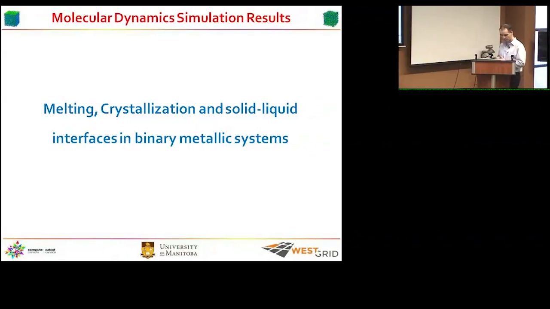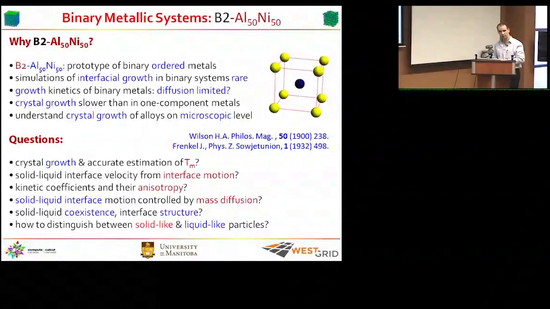Now, in the next slide, I will give you some results. I will start with the melting, crystallization, and solid-liquid interfaces in binary metallic systems. Why did I choose this particular example? If you use a system with one component and you want to study crystallization, basically you just quench the system very slowly to go from the melt, from the liquid, to the solid state.